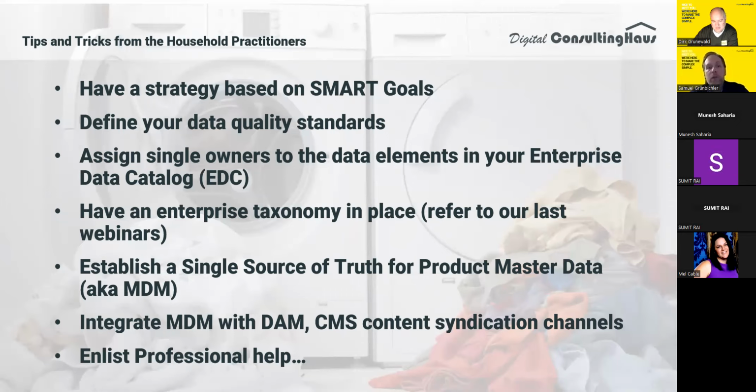The second thing is to define a data quality standard, so we know to which degree it has to be precise and clear, and also what kind of things are important to you, what is the standard that the data has to reach. It's very important to assign owners to the data elements, meaning people that are responsible for certain areas of data.